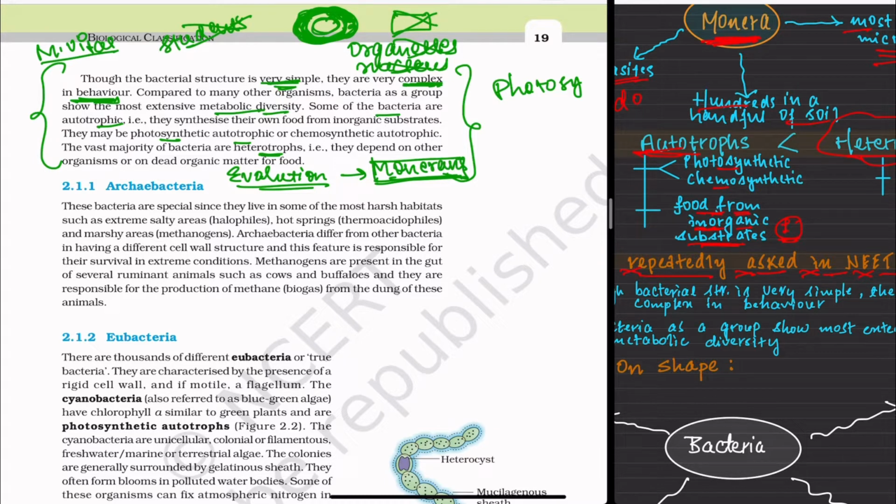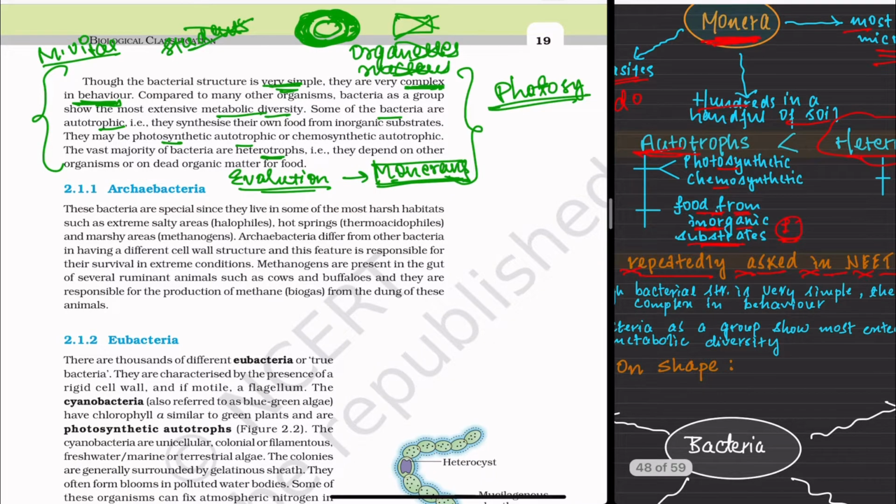Plants are primarily photosynthetic autotrophic. But Monerans are autotrophic and heterotrophic. Among heterotrophs, they are parasites and decomposers. Among autotrophs, they are chemosynthetic autotrophs and photosynthetic autotrophs. So they are metabolically very diverse, and this pertains to the feature, complex in behavior.